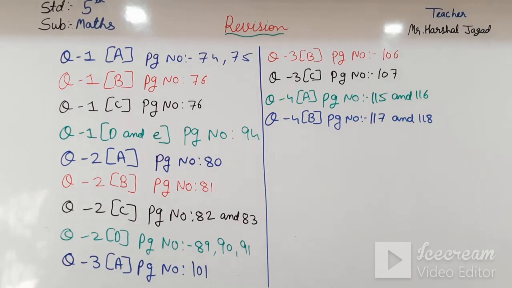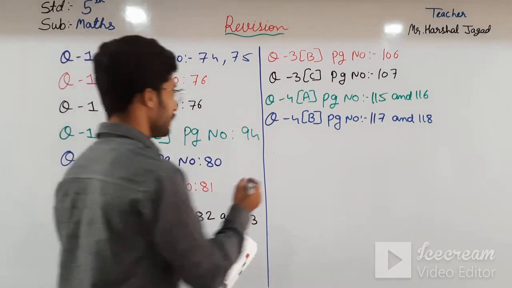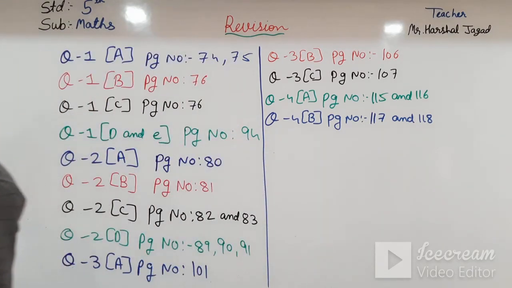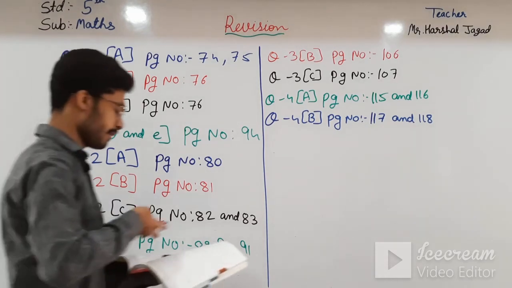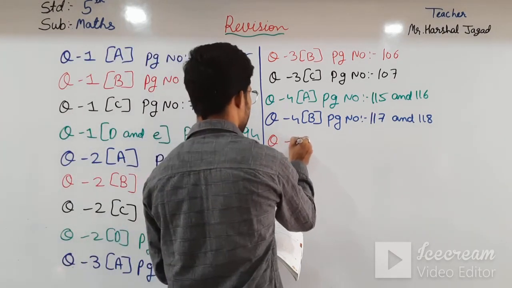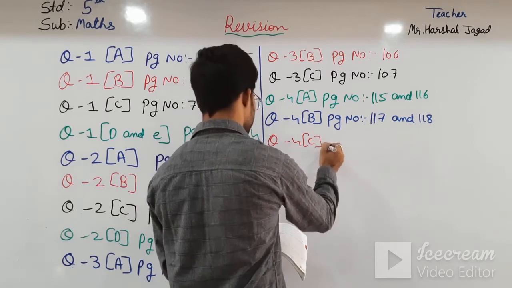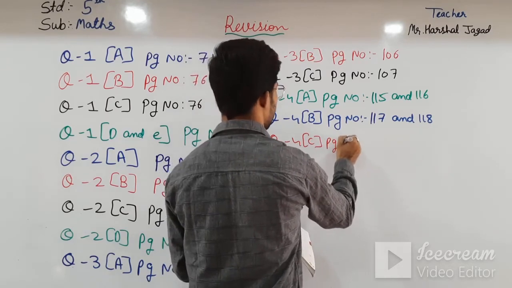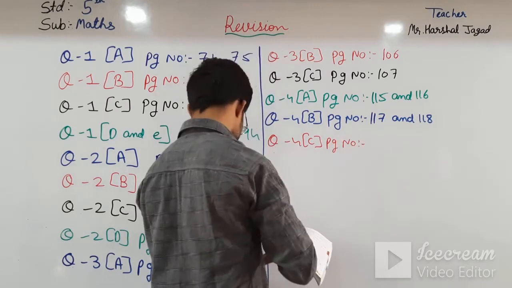So in that multiply the following, it can be asked from question 4C, that is on the page number multiplication.